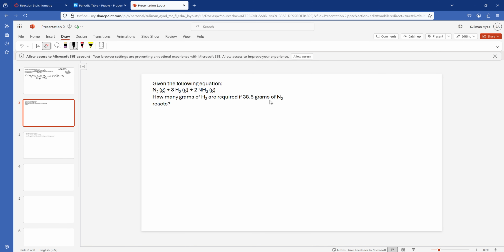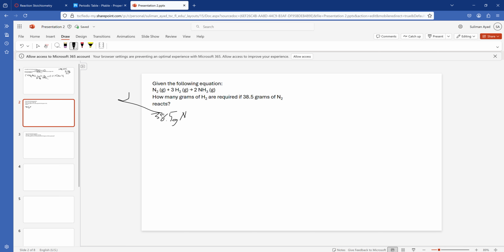I have 38.5 grams of N2. Most of the time, you're going to be given a single value in these problems, and that's going to be your starting point. So I'm going to write down my 38.5 grams of N2. Ooh, that 2 was a little bit rough.